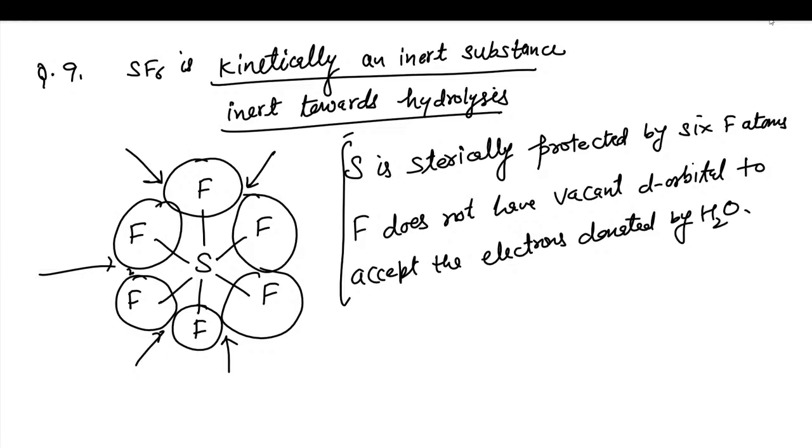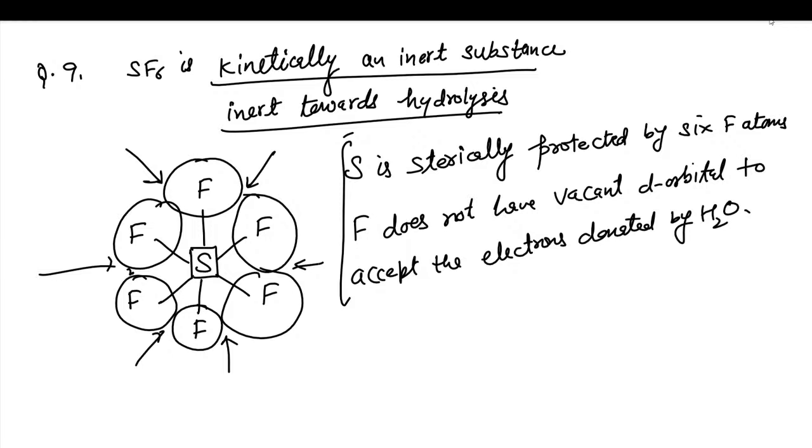Got it? Very good, Harshil. Don't worry if you don't know, I'll let you know everything. Okay, so the reason is sulfur is sterically protected by 6 fluorine atoms. That's why water cannot approach it. Okay, water cannot enter into it, means it does not allow water molecules to attack the sulfur atom.